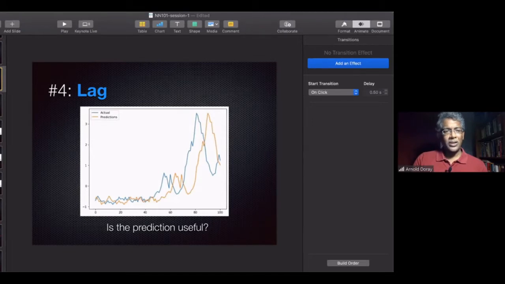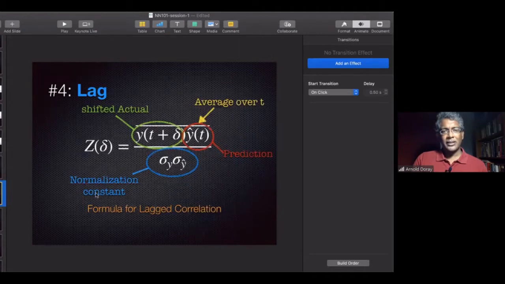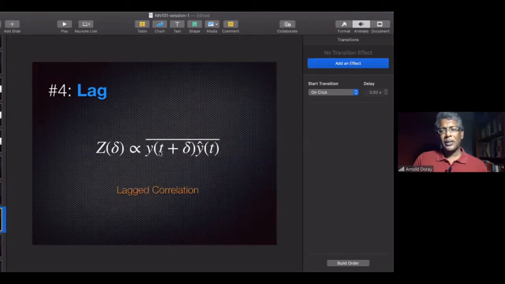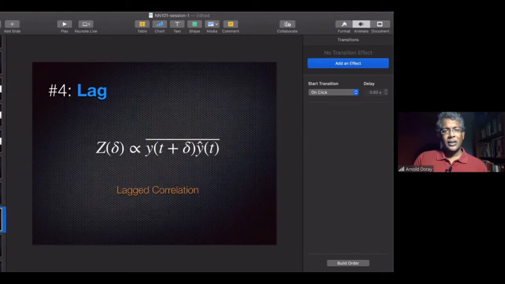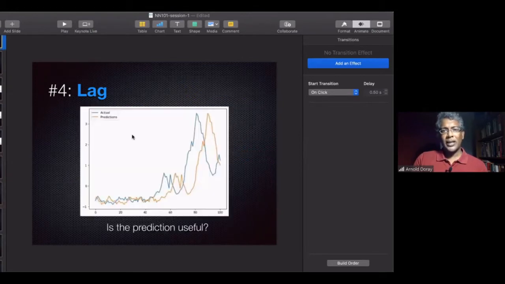And so if they completely coincide, according to our formula here, the covariance will be maximum. The dividing by sigma y and sigma y hat is simply just to normalize it, that's all. But as I shift it away, either forward or backward, there will be less correlation between these two graphs.